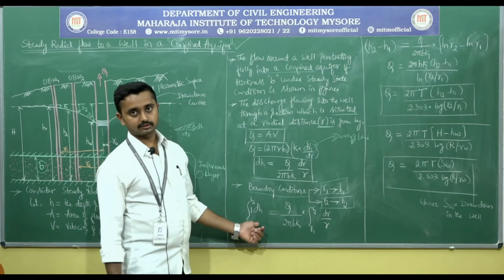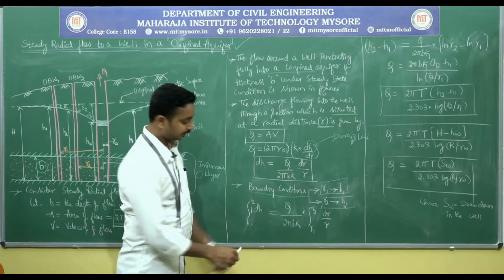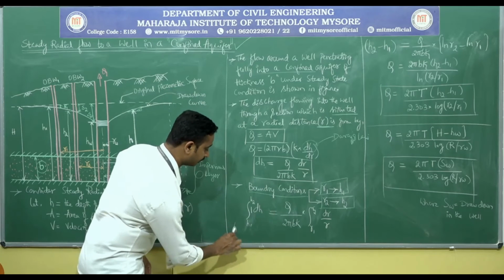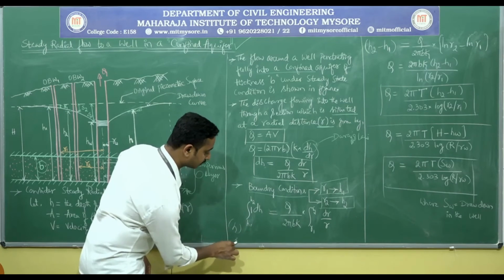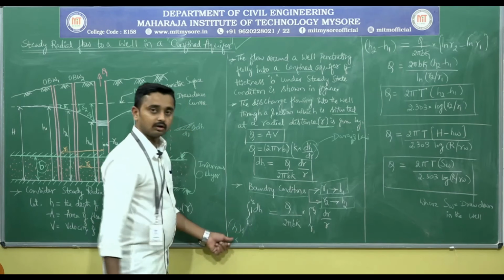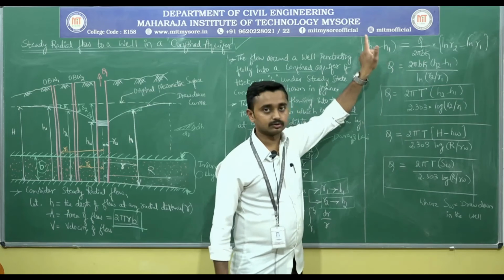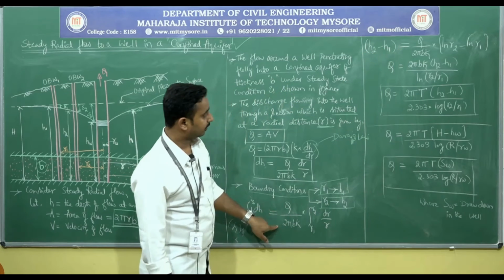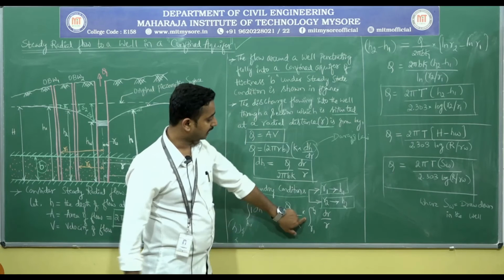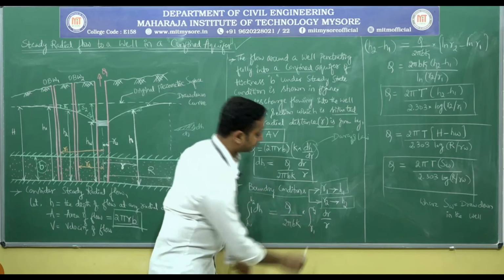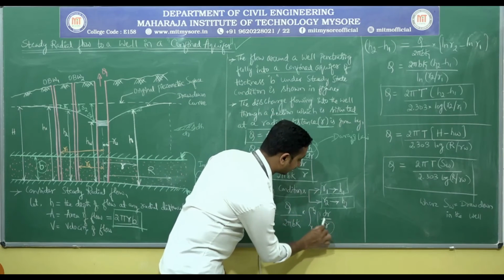Integration of 1 into dh is h, between the limits h1 to h2. Now upper limit minus lower limit: h2 minus h1 equals Q divided by 2 pi bk as it is, multiplied by integration of 1 by r dr, correct?